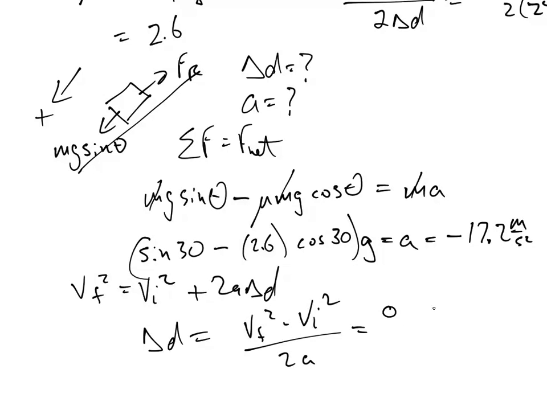Final velocity 0 again. Initial velocity was 10 meters per second, divided by 2 times negative 17.2. And our final answer is 100 divided by 34.4, which is 2.9.